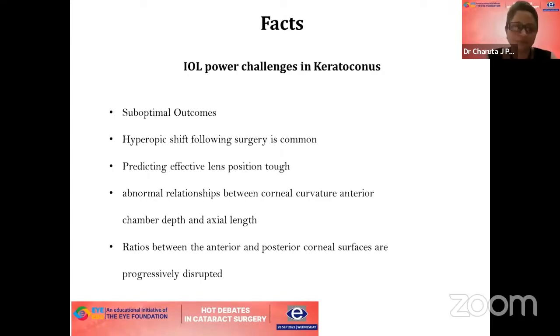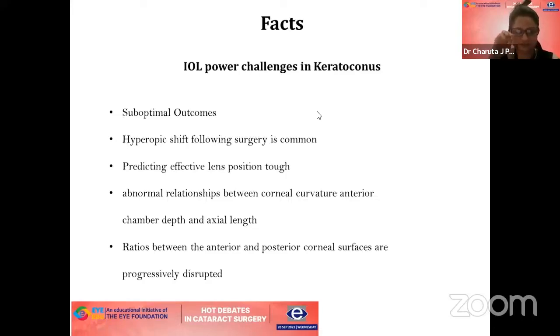Now we know that IOL power results of cataract surgery in keratoconus have long been suboptimal, with significantly fewer patients achieving within 1 diopter of the intended refractive target, even with a monofocal lens. And a hyperopic shift following the surgery is also commonly described, particularly in patients with a more severe stage of the disease.